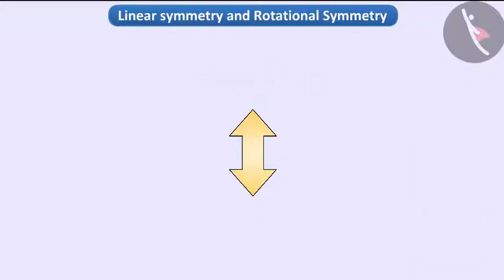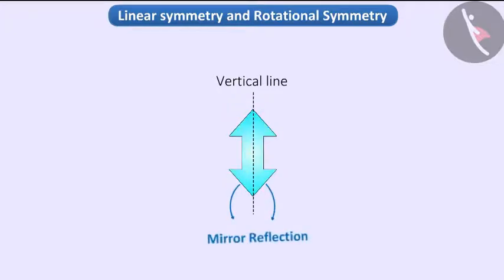Let us tell. If we draw a vertical line from the center of this shape, then this line divides the shape into two equal parts that are mirror reflections of each other. That is, they match each other very accurately.